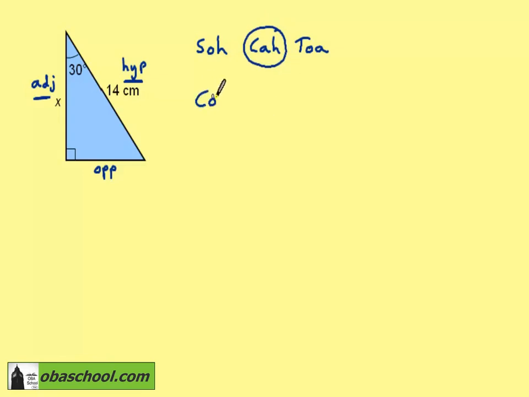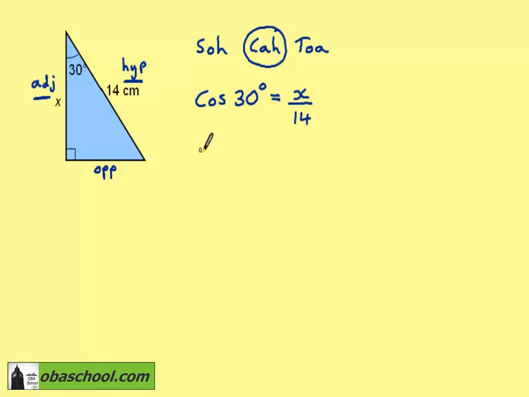So we now have that the cosine of the angle, which in this case is 30 degrees, is equal to the adjacent, which is x, divided by the hypotenuse, which is 14.